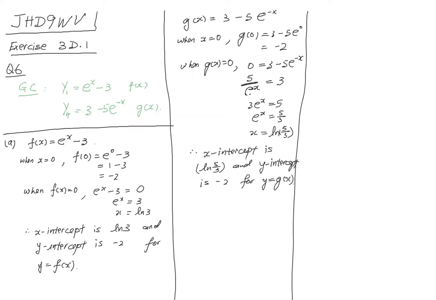Now for part B, they say discuss f(x) and g(x) as x tends toward infinity. This one, everyone should be very familiar with, am I right? Nicholas, what should I do for f(x)?